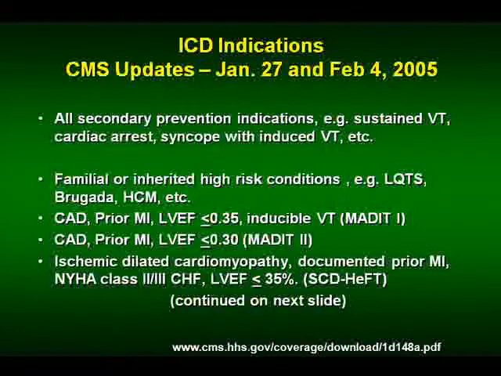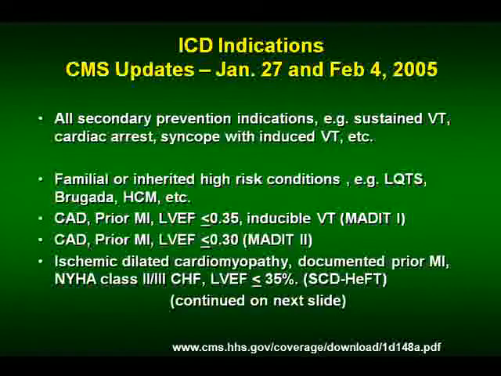For the CMS updates, which were now about 5 years old, it's anybody who has secondary prevention, meaning they've had sustained VT, cardiac arrest, or syncope. And then for primary prevention, there are certain high-risk conditions that are thought to justify a prophylactic defibrillator implant.